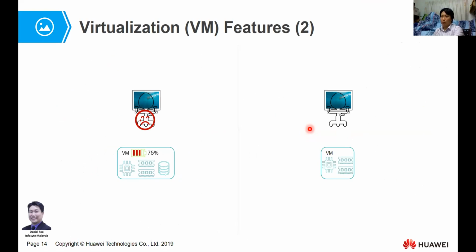Yesterday, I demoed how to expand the disk space at the FusionCompute level and also expand it inside the virtual machine operating system, add an extra network card, and also delete the network card.